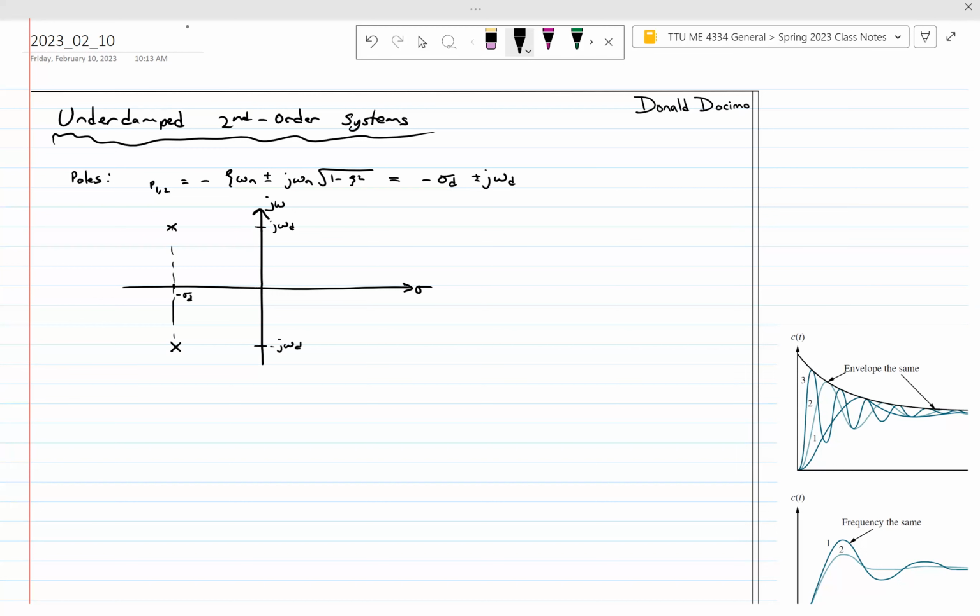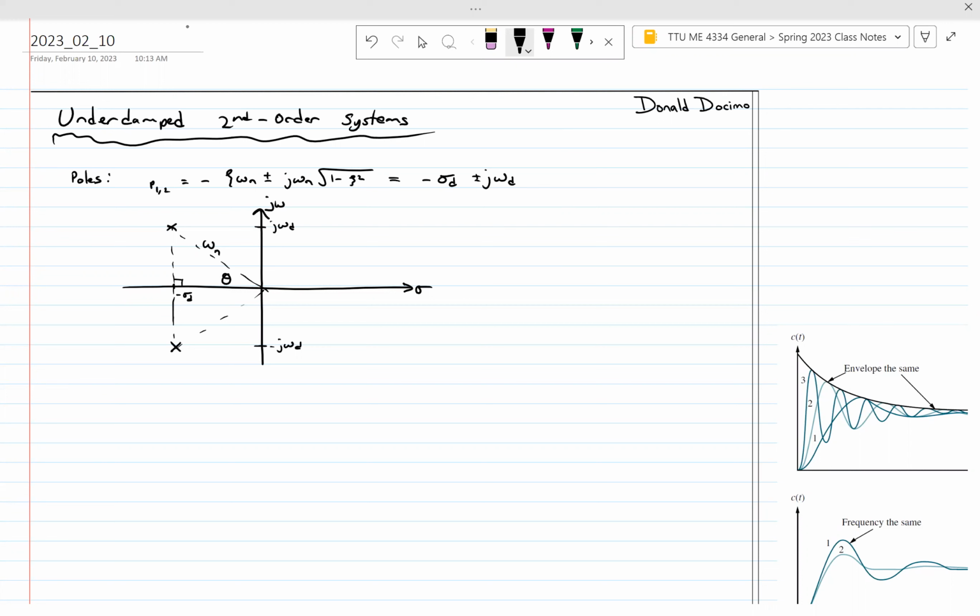We can also write this out, have a little triangle here, right? We could do the same down here as well, where this is going to be an angle theta here. And this hypotenuse of this right triangle is going to be omega n.